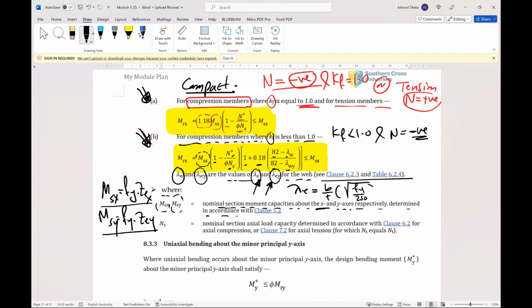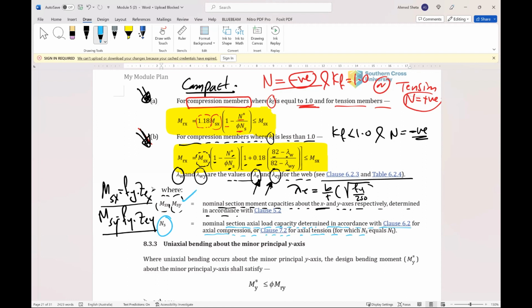And Ns is the nominal section axial load capacity determined according to 6.2 for axial compression or 7.2 for axial tension.